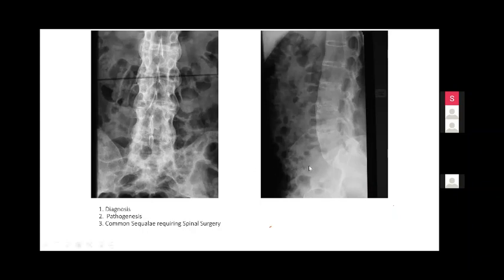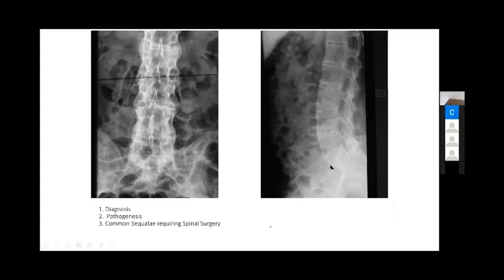It's not osteophyte, isn't it? So what is the pathogenesis here, and what happens in ankylosing spondylitis? You're not seeing any osteophytes coming out here, isn't it?